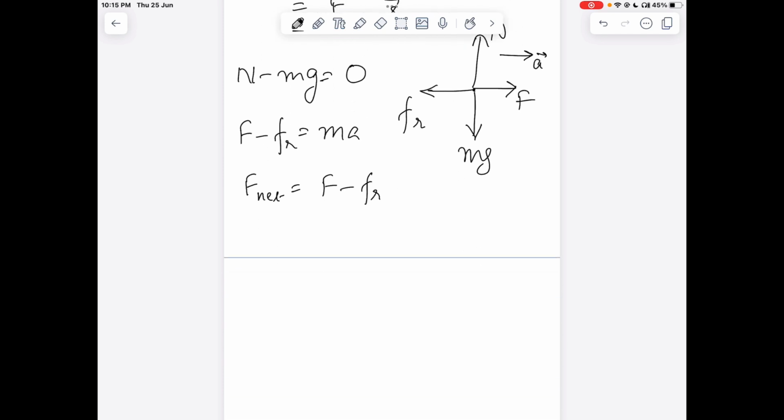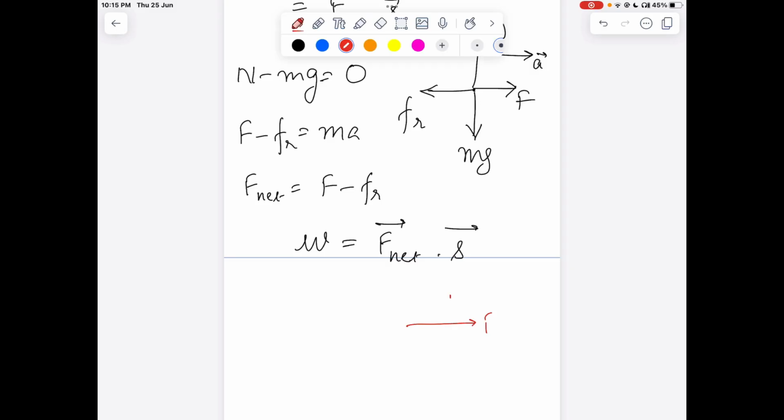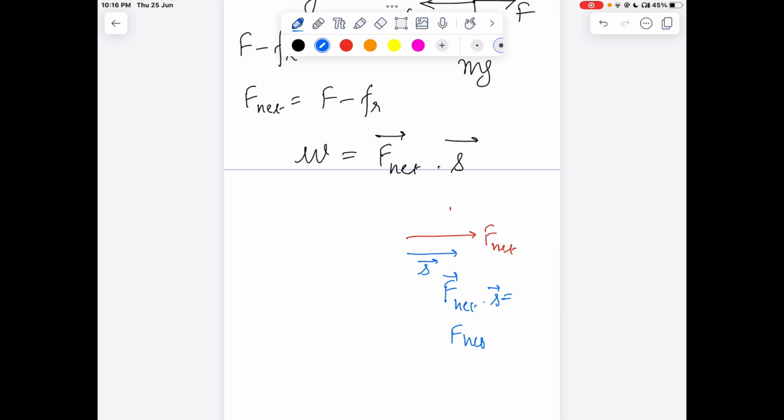Therefore the work becomes F net dot S. Here F net is this and this is S. These are both vectors, and the F net vector dot the S vector is simply F net S, because the vectors have 0 angle between them.